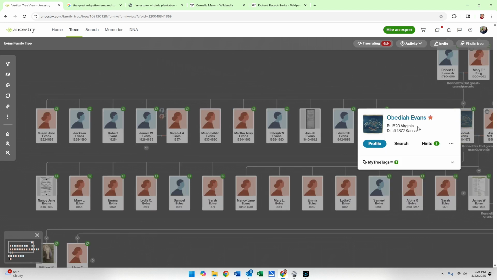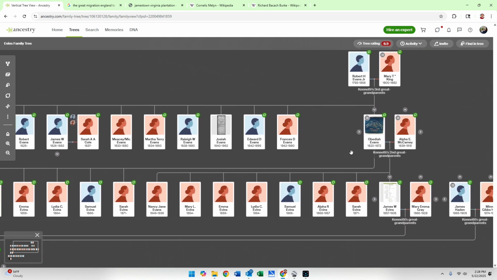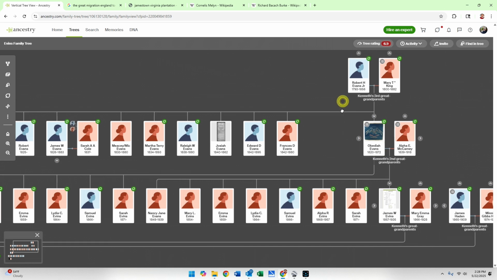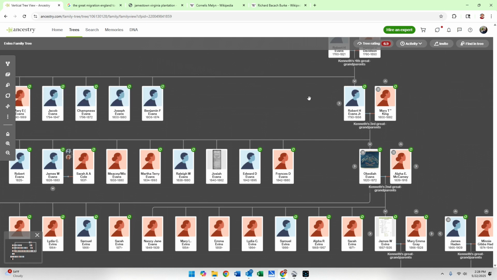He was born in Virginia and died in Kansas. If you look at his dates, it was 1820 to 1872. So let's go back and look. You remember I talked about how people migrated to Virginia because of the money.